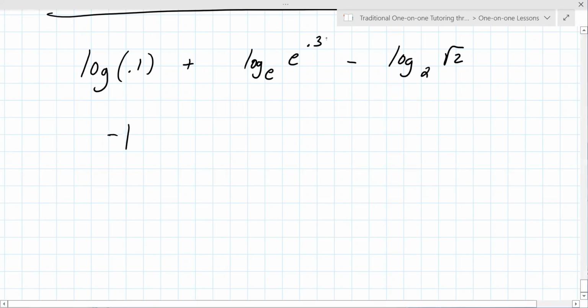The same thing you do if it's a whole number. You bring it out in front. You always bring the exponent out in front. That's the whole point of what we've been doing today. So it just becomes 0.3.